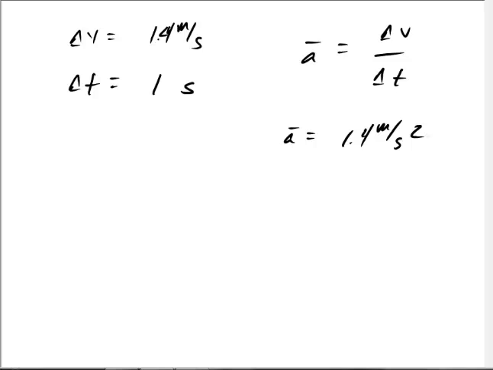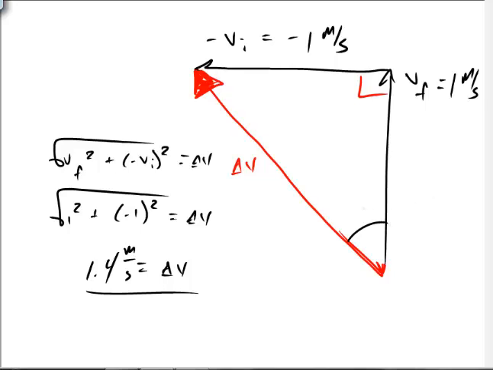If you wanted to find the angle, we go back to our picture. I know the side opposite and I know the side adjacent. So the tan of the angle is opposite over adjacent, and I do tan inverse of that. I get negative 45.